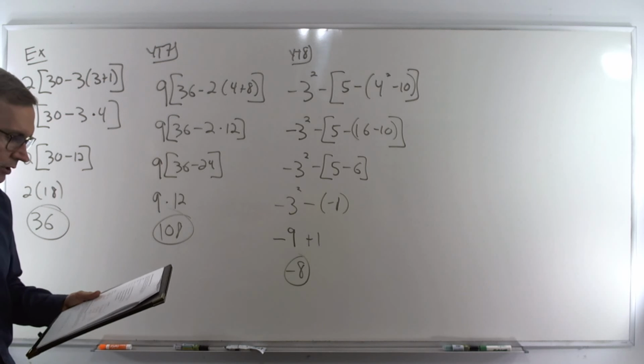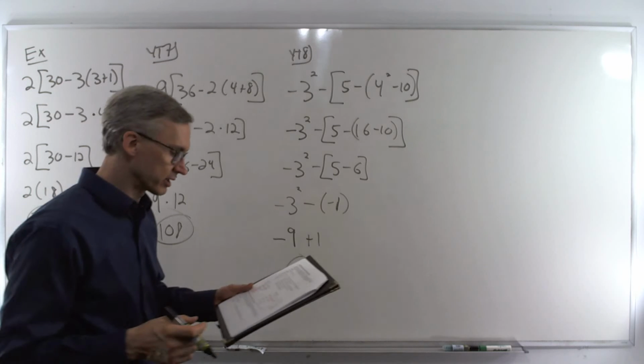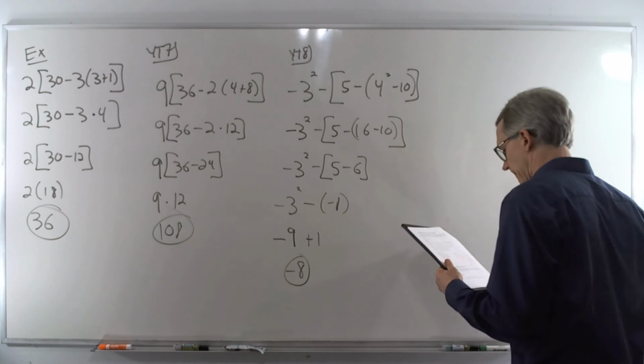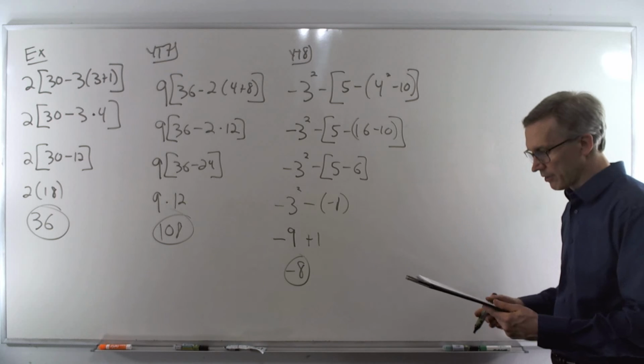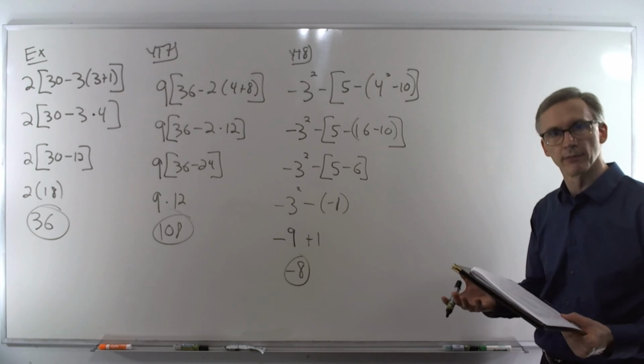All right, next up, we're going to look at some expressions that have large fractions with expressions on top and the bottom. And with these, think of the division bar as being a grouping symbol.